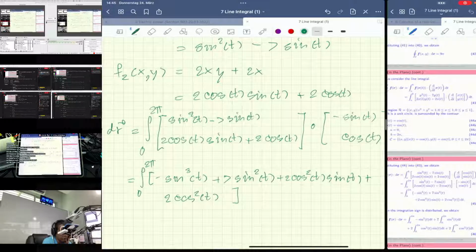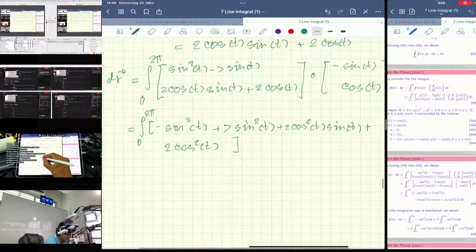There are many ways to solve this one, right? It's up to you. Okay, what I can see is that you can combine 2 cosine square and 7 sine square together in dt.